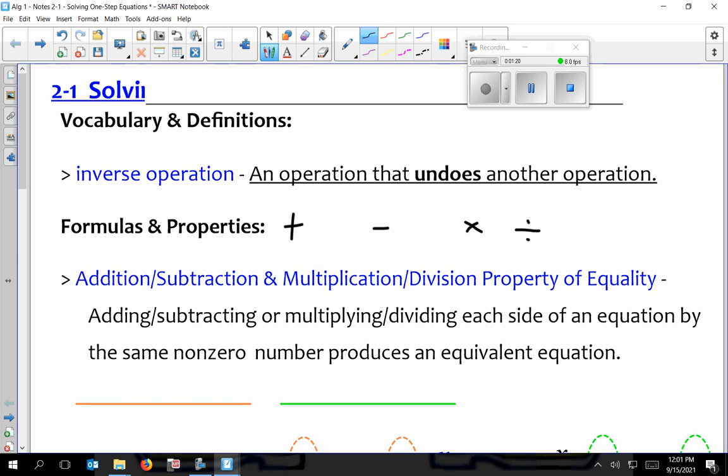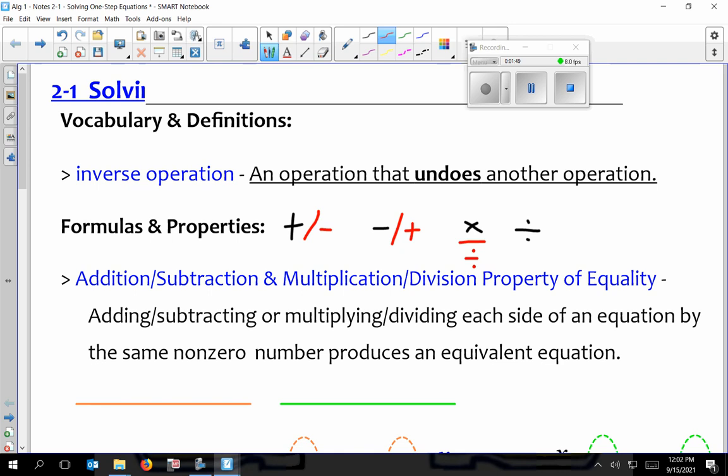Okay. So an inverse operation, when you're adding something, to undo that is to subtract, okay? If you have a problem and you're subtracting, to undo that is to add. When you're in your particular equation, if you're having to multiply, to undo that is to divide, okay?